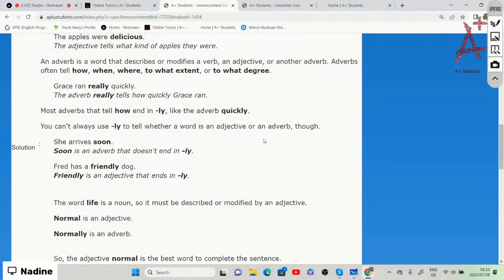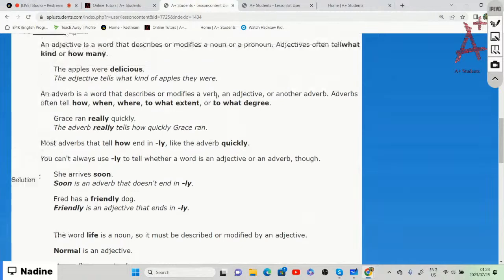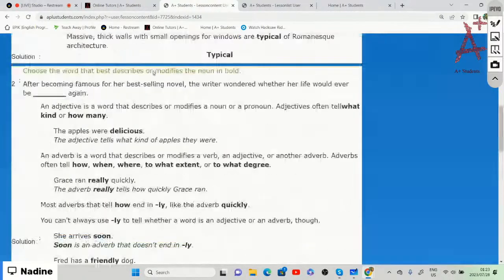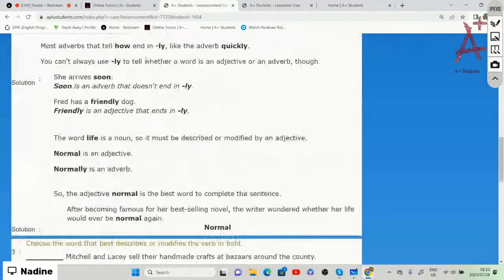So you cannot give an answer that is a verb, right? Because they're specifically asking us to choose the best word that modifies the noun in bold. So the noun.